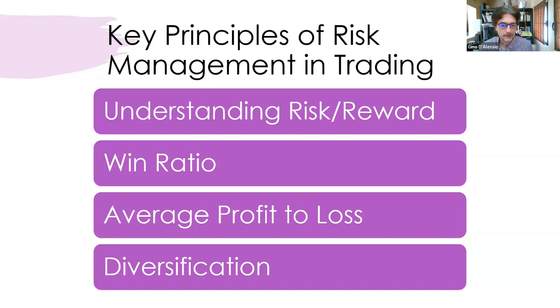If you have a very high win ratio, but every time you enter a trade your risk reward ratio is 200 loss and 100 profit, that's not going to make you a lot of money, because you're losing a lot more on your losing trades than you're winning.